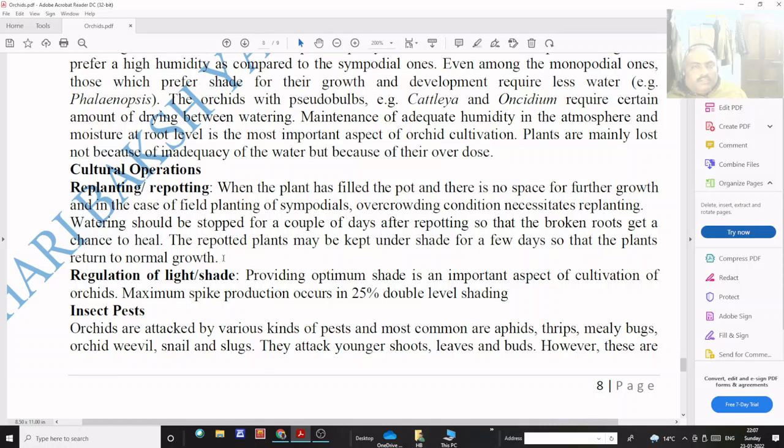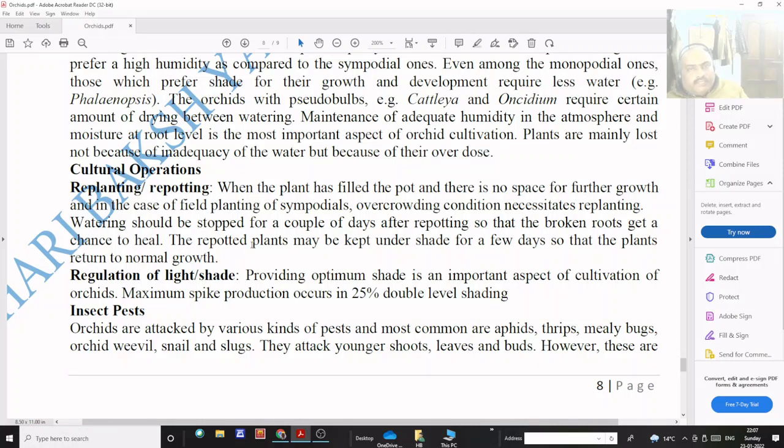Many orchids do not require immediate irrigation after repotting or replanting. Regulation of shade is one of the important aspects in orchid cultivation. The maximum spike production can be taken in double level shading. We can obtain 25% more production by providing double layer shading, that is double layer shade net.